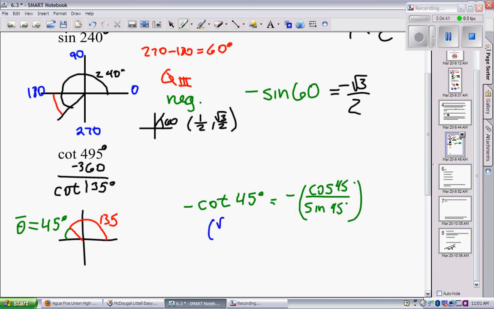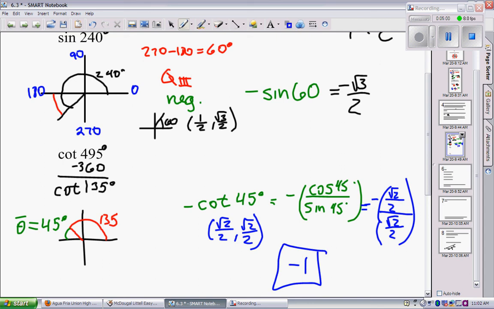It's the point root 2 over 2, root 2 over 2, gives us a negative root 2 over 2 divided by root 2 over 2. It's all going to cancel out and go to 1 in the middle, so you get -1 for your answer.